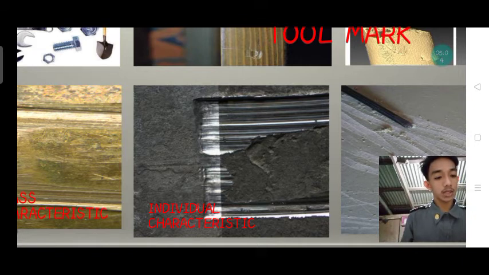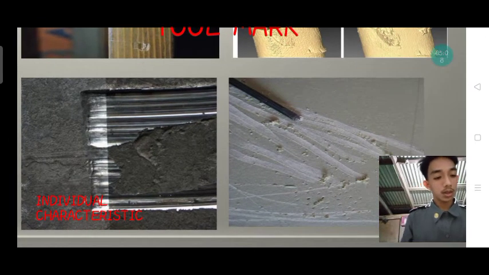For example, the tip of a screwdriver is never perfectly flat. Nagpapakita siya ng small ridges along the edge. This creates a history on the tool, such as its use and misuse, its cleaning, and its maintenance.